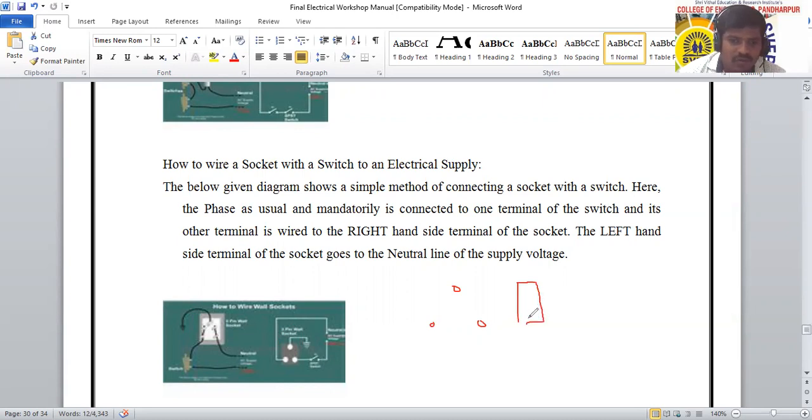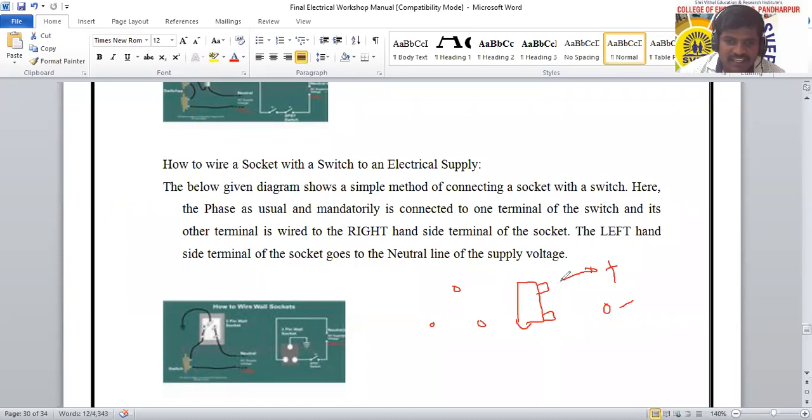Okay, so suppose this one is the positive and negative terminal, एक positive terminal आहे, negative terminal. The current it is supplied to that of socket via a switch through आपण current देणार. So suppose here it is one terminal of the switch, this one is the another terminal of the switch.